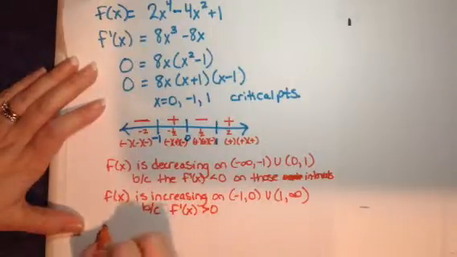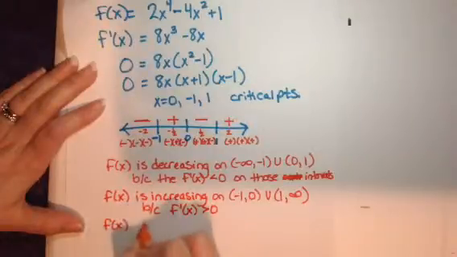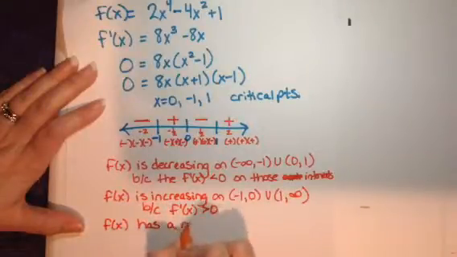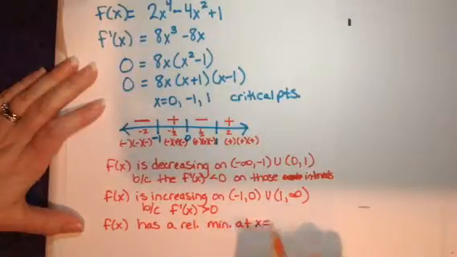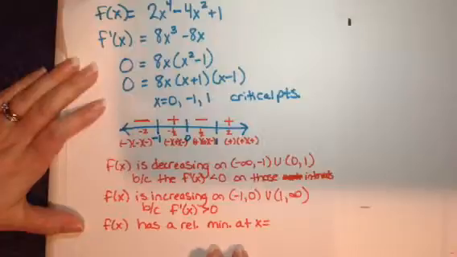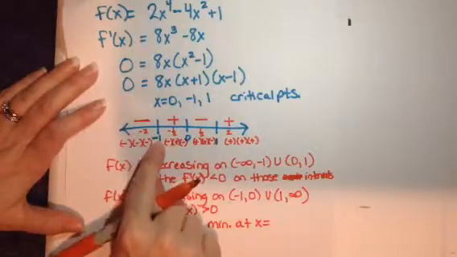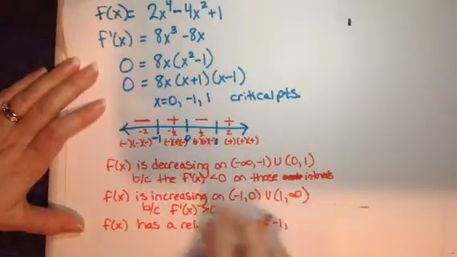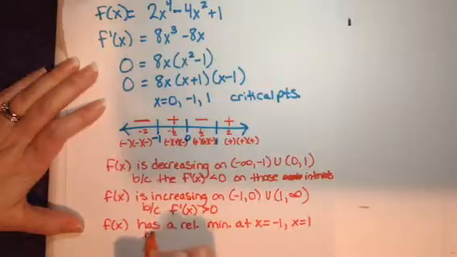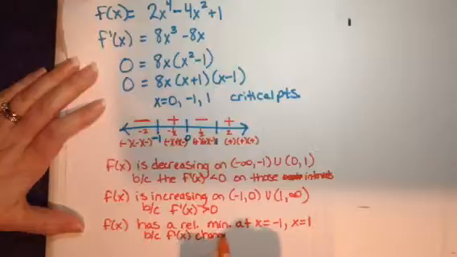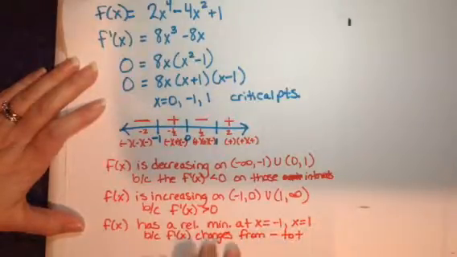Now, I'm looking for maxes or mins. So f of x has a relative minimum at x equals what? A minimum occurs when you change from decreasing to increasing. So we've got a relative minimum at x equals negative 1 and at x equals 1. Why? Because the derivative changes from negative to positive.